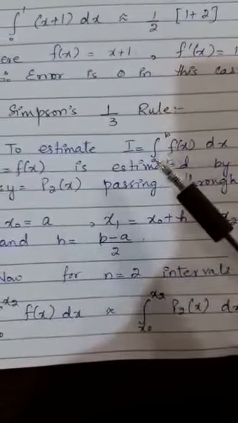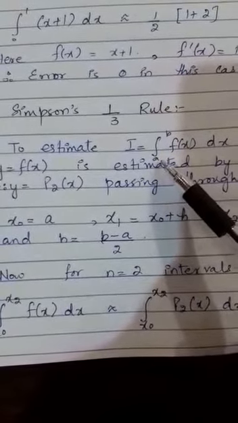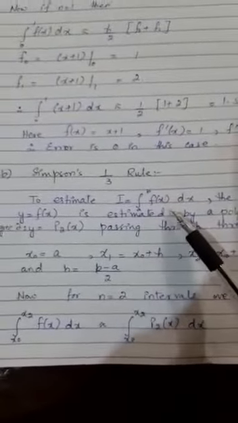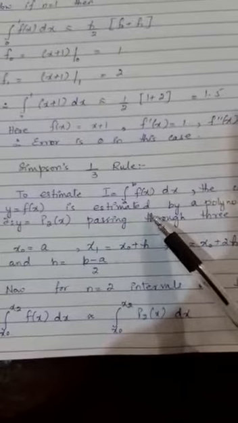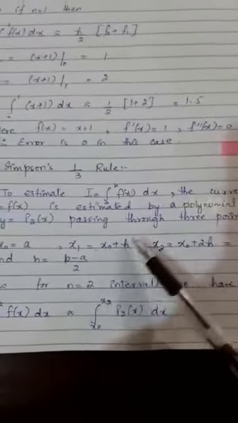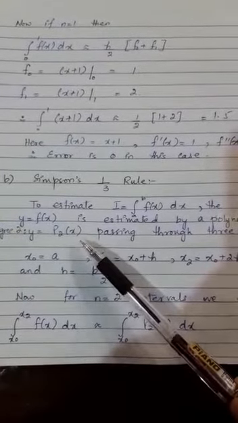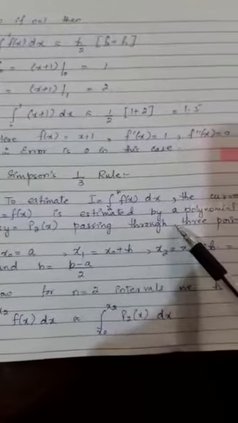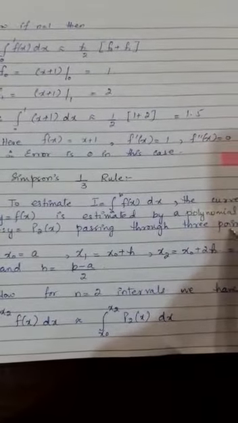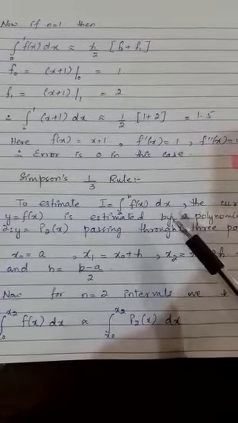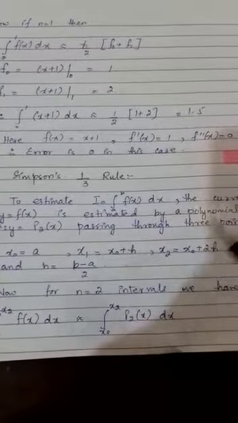So in this case, we have the definite integral from a to b of f of x dx, and this is a curve, and we are going to estimate it by a polynomial of degree 2, the Lagrange's interpolation polynomial p2 of x, passing through 3 points. In the trapezoidal rule we had only 2 points, and here we have 3 points.